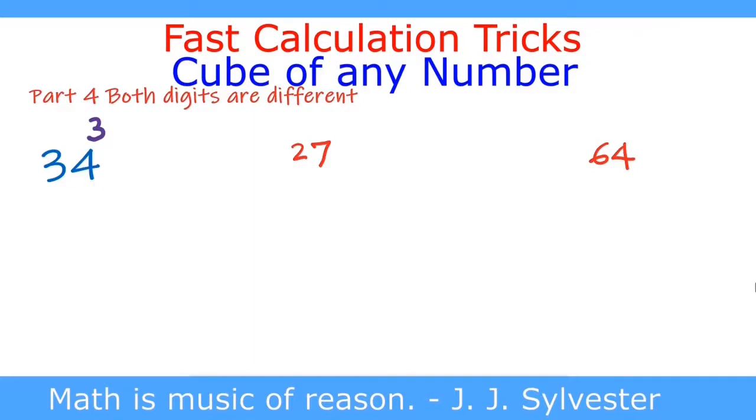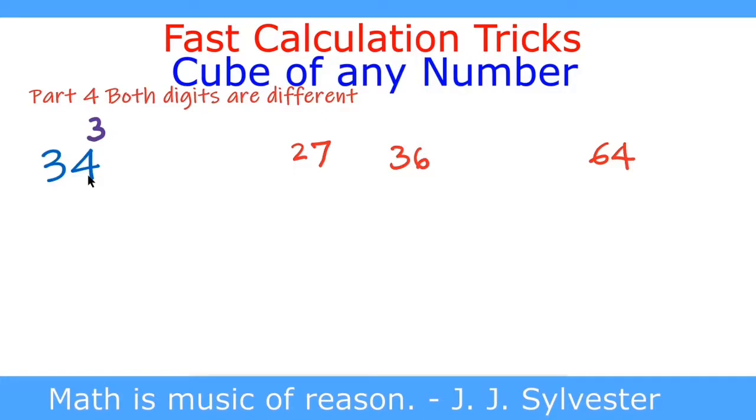So we take the square of the first digit, which is 3, and multiply it by the second digit, which is 4. So square of 3 is 9, and we multiply it by 4. 9 multiplied by 4 is 36. So we write 36. Now we will take the square of the second digit, which is 4, and multiply it by the first digit, which is 3.